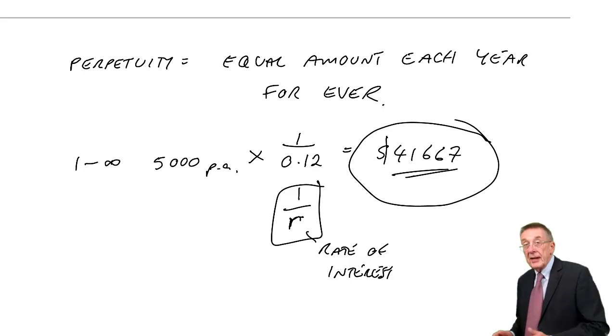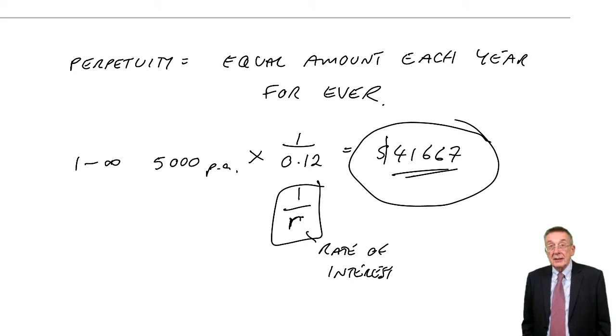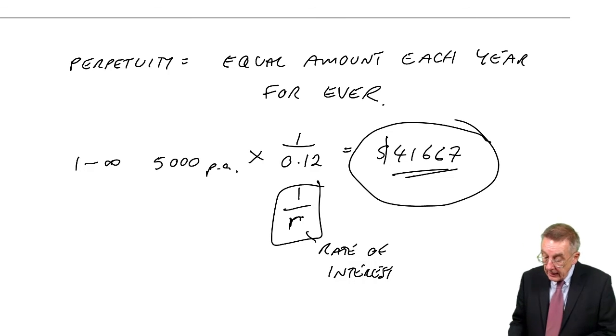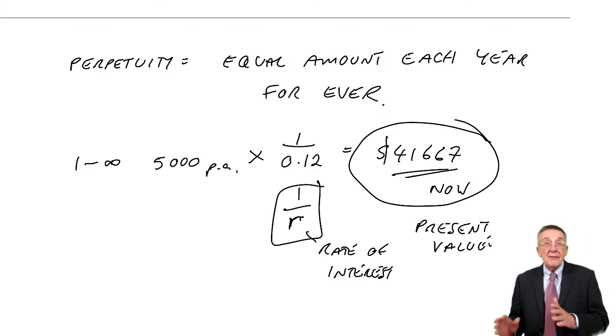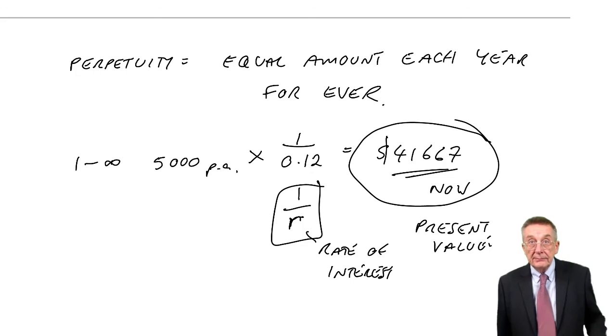I mean, the 5,000 each year will get paid to her, but the two would be equivalent. Putting one amount now, the present value, at interest of 12% will be effectively the same as giving her 5,000 a year forever.